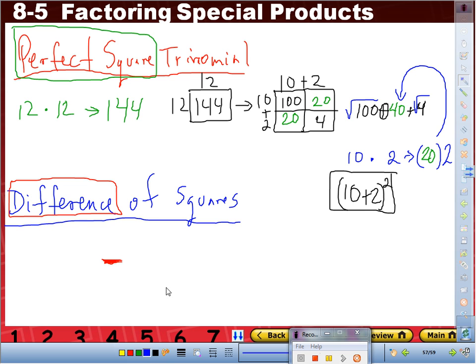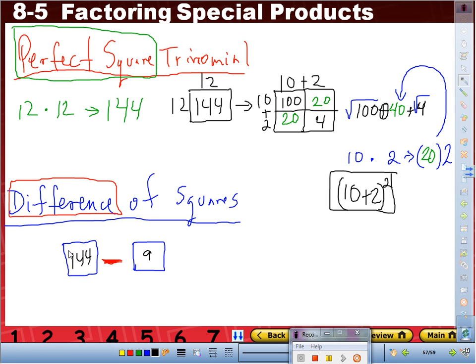And if it says difference of squares, what does that mean? That we're going to subtract one square from another square. Everybody with me? So what if this one was 144 and this one was 9? That's what difference of squares means.